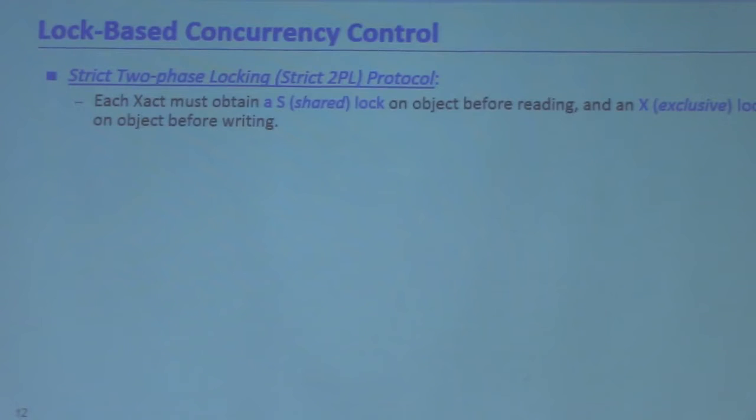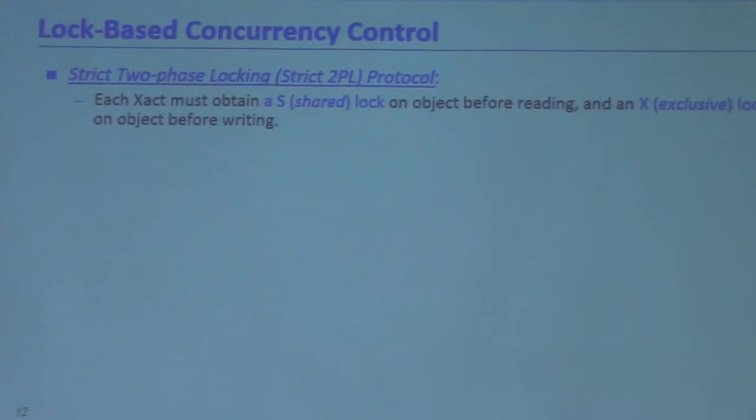One is called exclusive lock. The other is called shared lock. This is known as X, this is known as S. And I'm going to introduce this lock compatibility table.